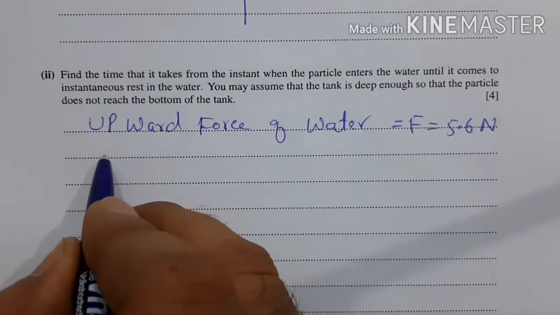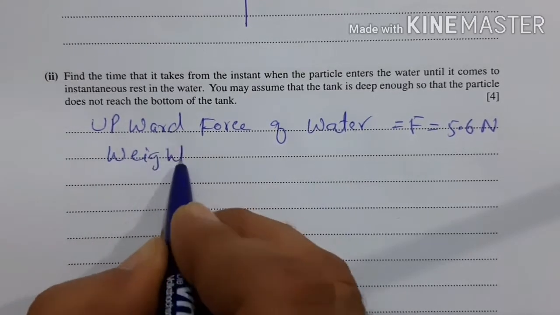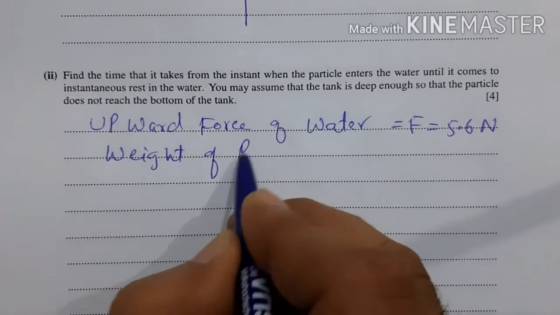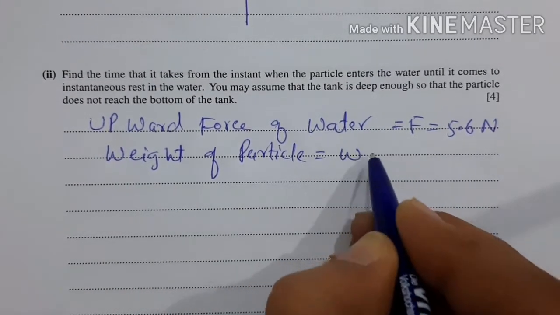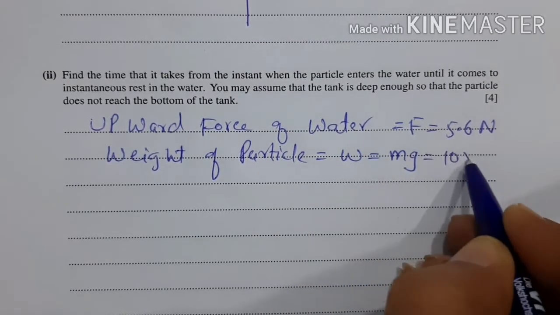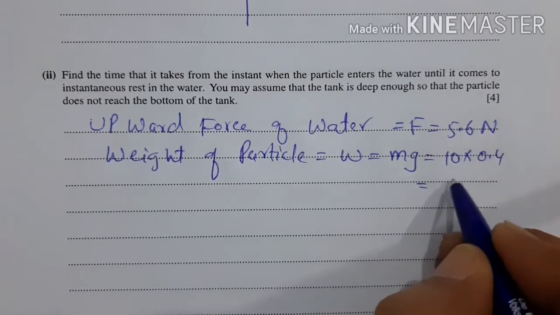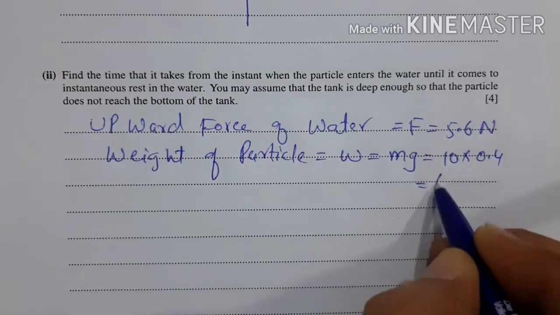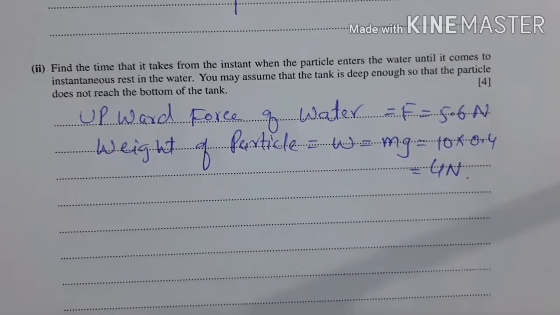Also the weight w, weight of particle, which is w is equal to mg, that is 10 into 0.4, which is 4 newtons.